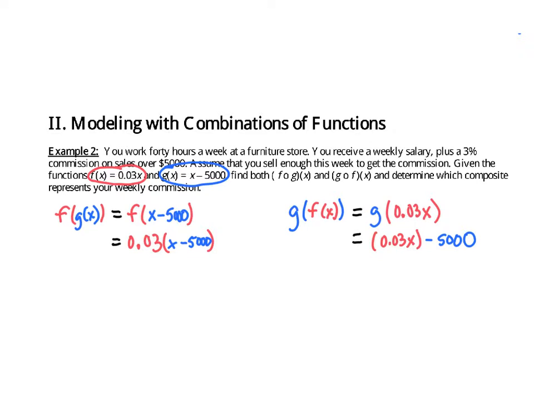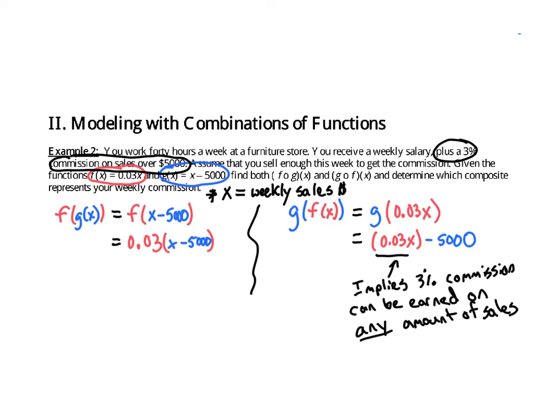So g of f of x can be thought of as plugging 0.03x into the function g. Although it's not explicitly stated, x in both of the functions represents the amount of weekly sales you have. If you consider that and the fact that we must sell over $5,000 to begin earning the 3% commission, that should be enough for you to be able to determine which equation makes sense. In the function g of f of x, notice we have 0.03 times x.